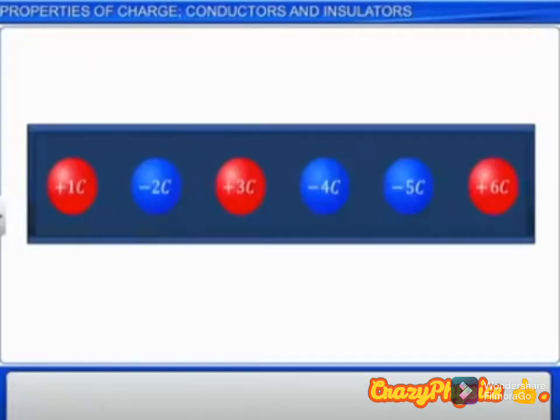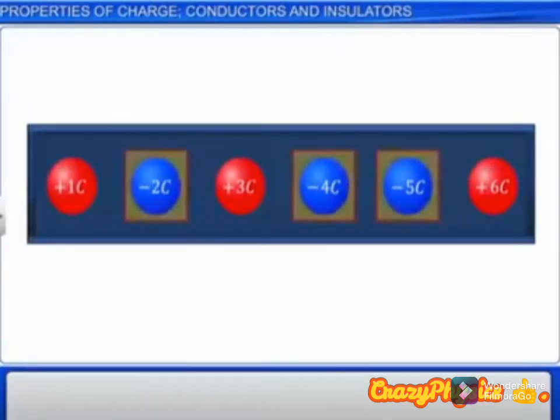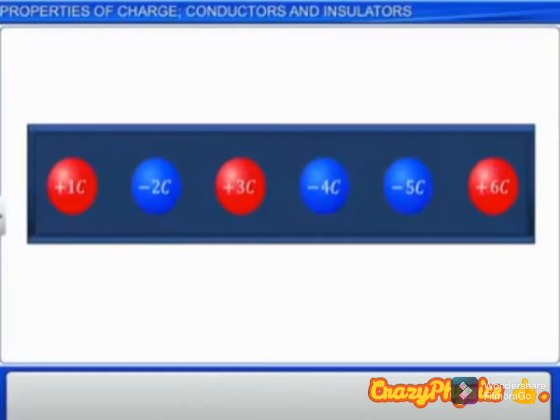While adding the charges, proper signs should be used. A positive sign for a positive charge and a negative sign for a negative charge. We can determine whether a body is charged positively or negatively by finding the algebraic sum of all charges on the body.